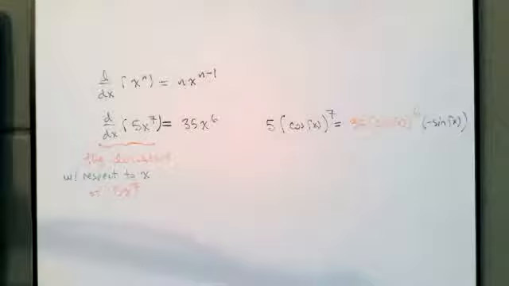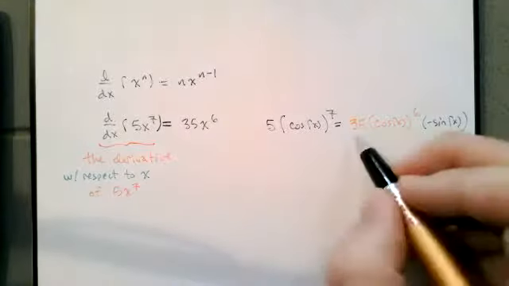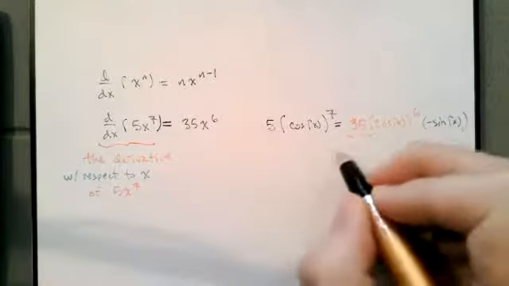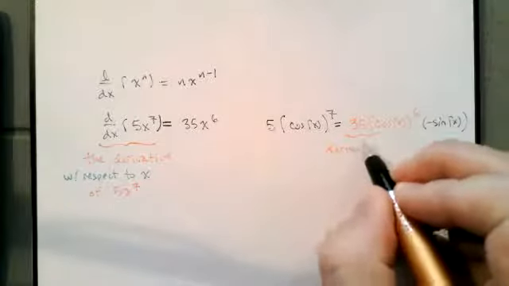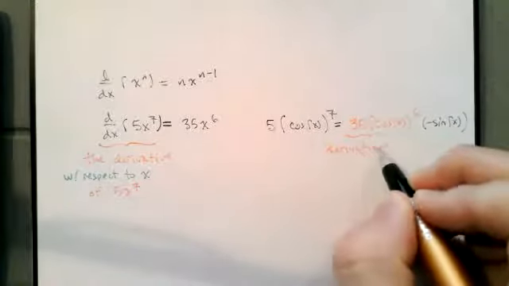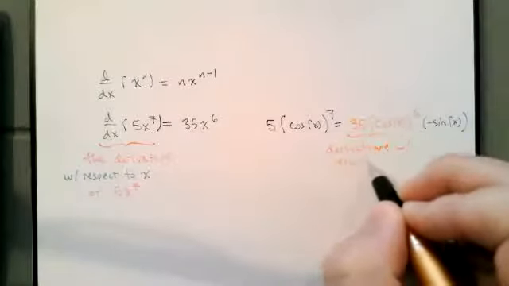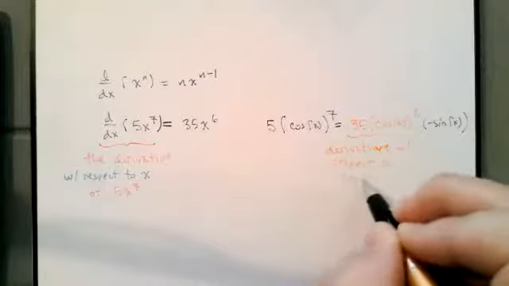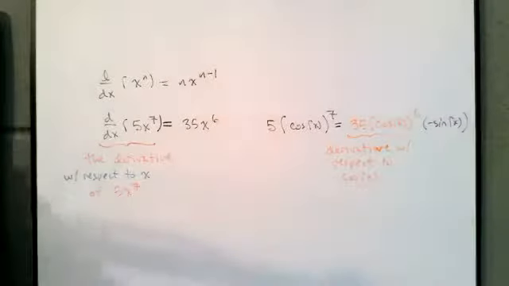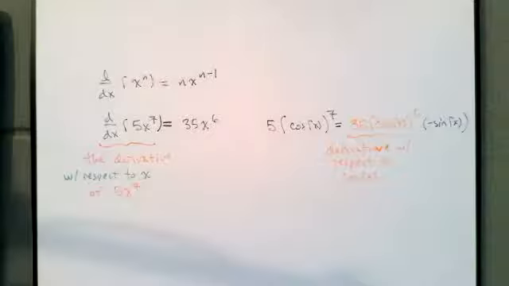So when we see 5 something to the 7th and the derivative is 35 that thing to the 6th, then we have to multiply by the derivative of the inside. So saith the chain rule. So this first factor is the derivative with respect to the cosine.